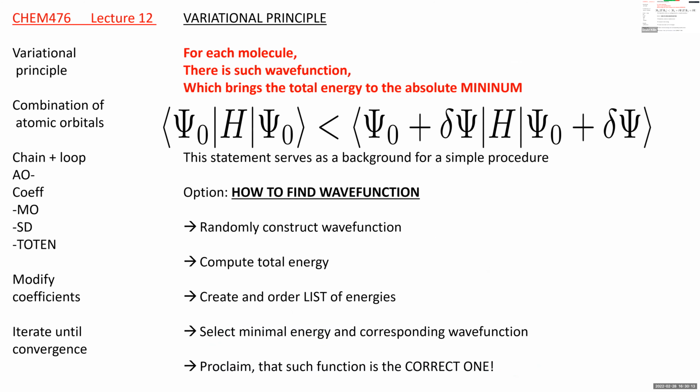The theorem tells us that if we modify the wave function slightly from the ideal ground state, the energy will be increased. So here is our expectation value for the absolute ground state.